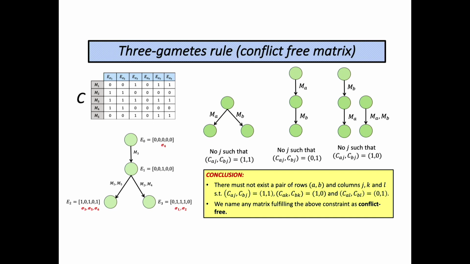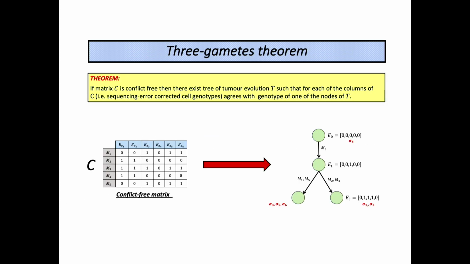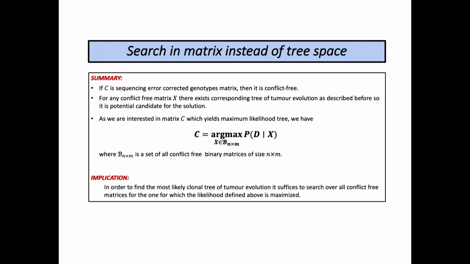And you can then define an integer linear program, which very simply allows you to search in the space without dealing with all the worries about the tree topology. So that's a nice reduction. And in fact, the ILP looks very, very simple.